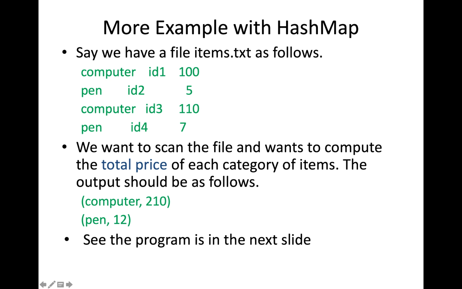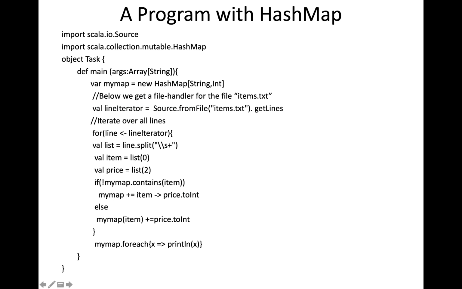Similarly, for pen key, we can aggregate all the pens using that key value pair, right? So that is why this can be a good example code to solve this problem.